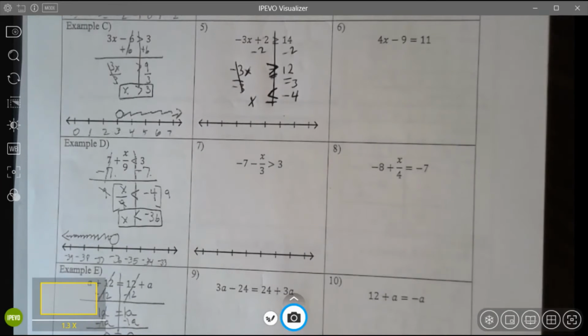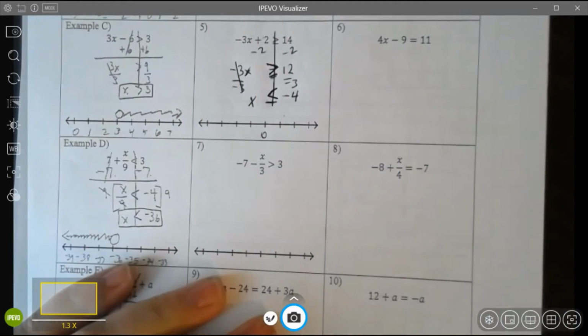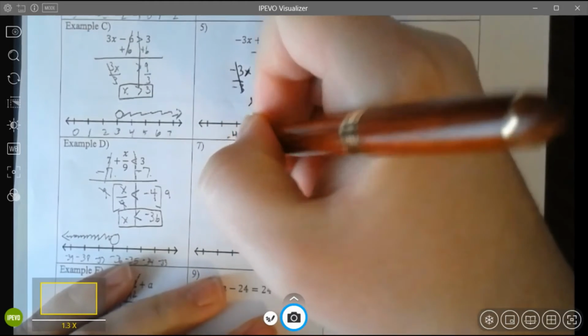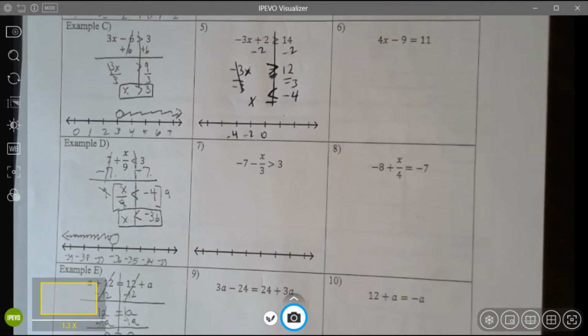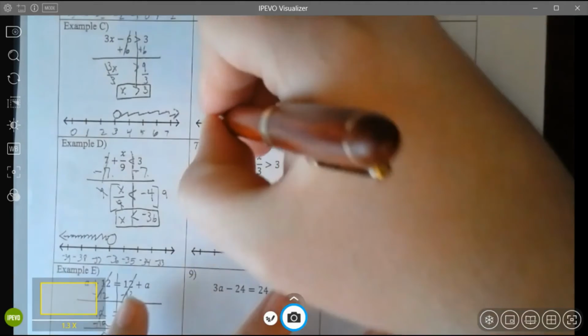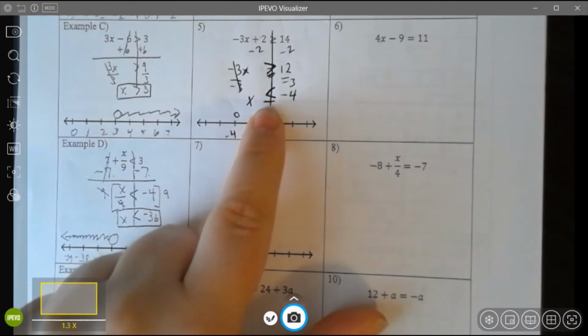So on the number line below, let's go ahead and plot the solutions. Let's plot 0, -2, -4. And at -4, we're going to draw a circle. But this time it could equal -4.